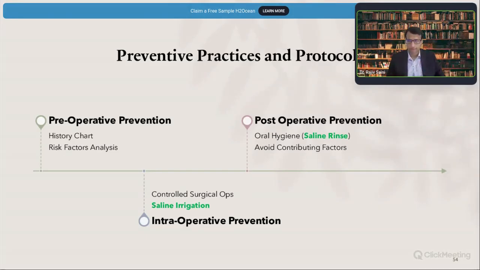Don't over-expose the bone. Don't over-enhance the surgical practices at the site with limited irrigation, and even try to do irrigation with sea salt rinse rather than normal saline irrigation, because it can produce much better results. And post-operatively, use a sea salt-based saline solution to maintain good oral health.